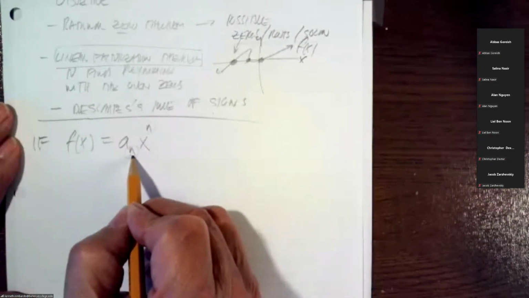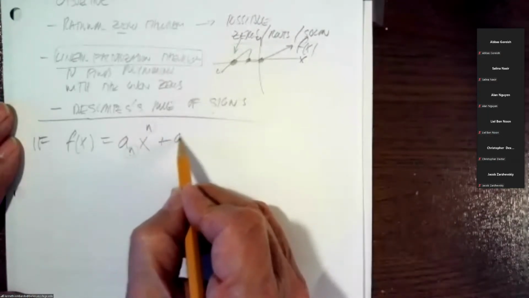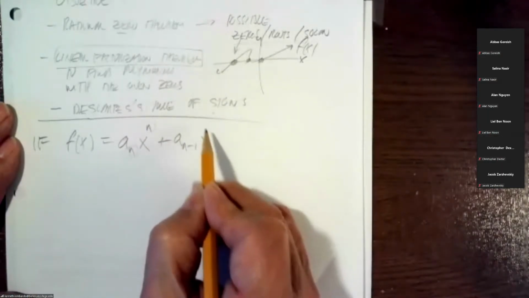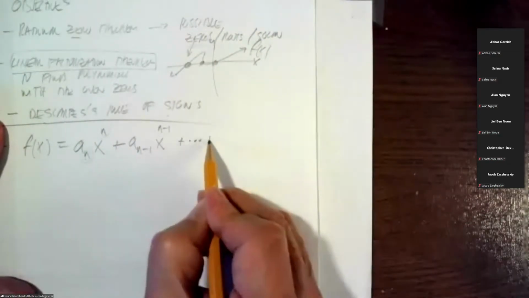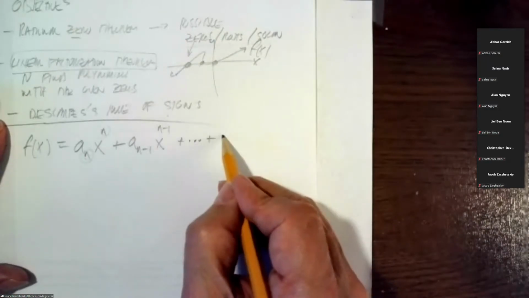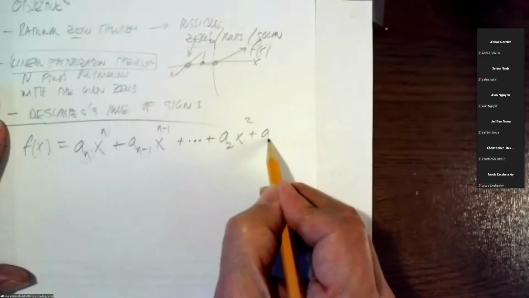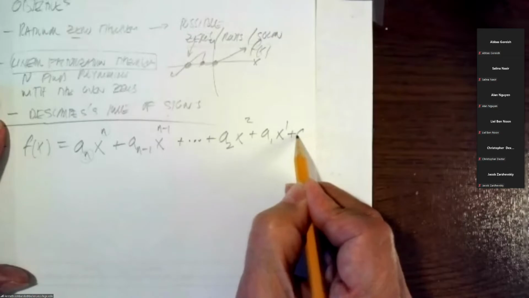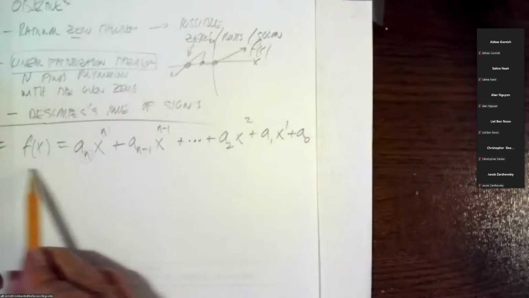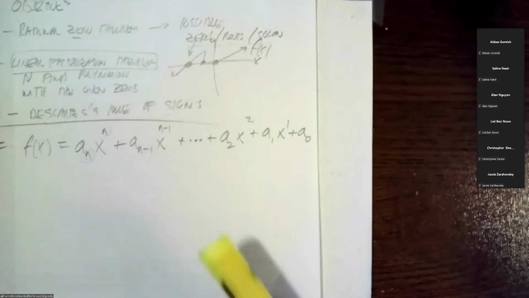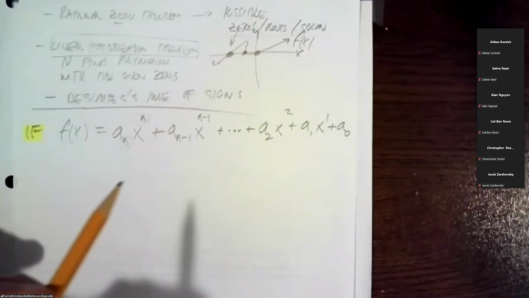Maybe that's a sub 3 x cubed, plus a sub n minus 1 x to the n minus 1. We just reduce it, plus, and we'll just keep going down until we get a sub 2 x to the 2 plus a sub 1 x to the 1 plus a sub 0 x to the 0, which is just 1, isn't it? So we're talking about, in general, polynomials that look like that.